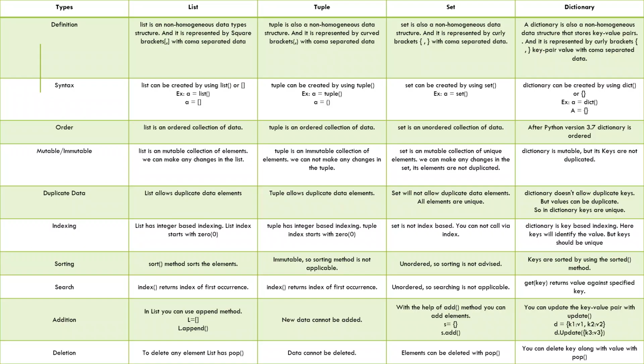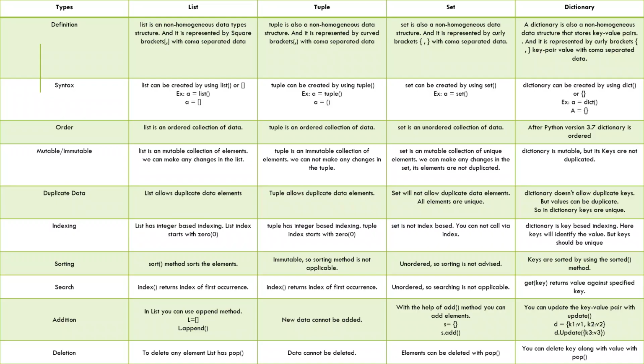Why? Because tuple contains an immutable collection of elements. Because of that, you cannot change the position, you cannot add the data, and you cannot delete the data. While coming to set, set is an unordered collection of data, so you cannot get the indexing, and you cannot search or sort.